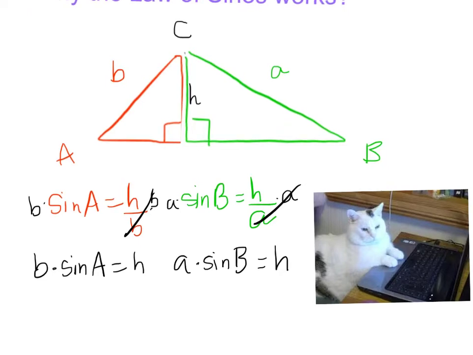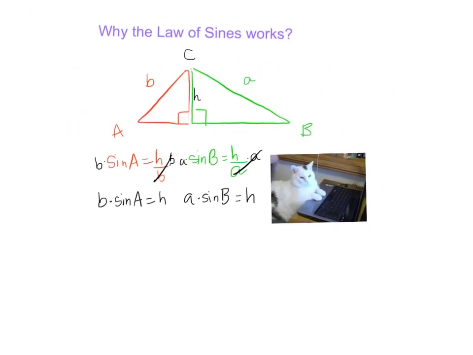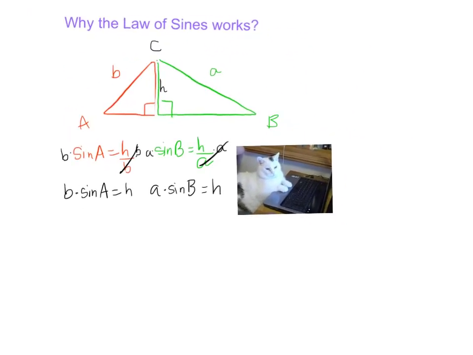Now, what I hope you're noticing is that both of these equations equal h. That means I can set them equal to each other. I can take this value and set it equal to this one. When I do that, I get b times the sine of A is equal to a times the sine of angle B.